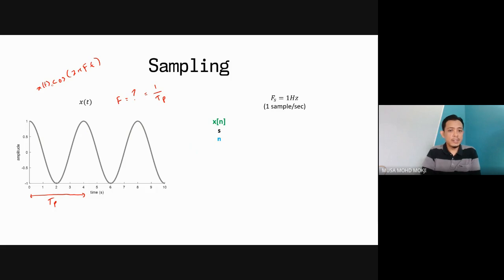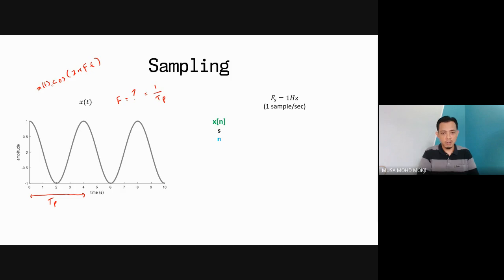So this is one example. We want to sample using sampling frequency 1 hertz, so 1 sample every 1 second. Then our x(t) now becomes x[n]. We're going to use n here, and we're going to fix a notation.